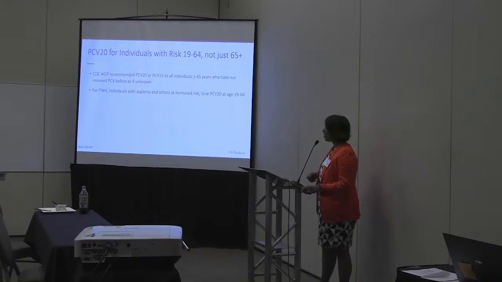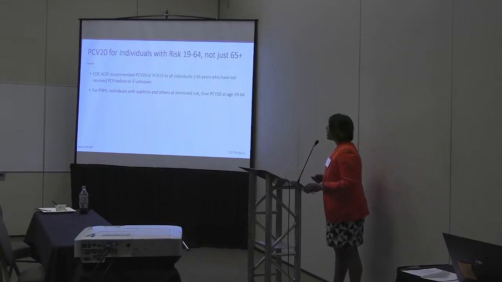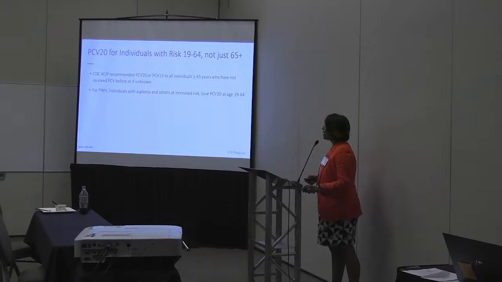PCV20, this is another one. Now we know that PCV20 has replaced PCV13 as the preferred, but also PCV15. I'll talk a little bit about why it's both PCV20 and PCV15. But essentially, for all individuals 65 or greater, but if you are at increased risk for invasive pneumococcal disease, you can get it at age 18 and over.